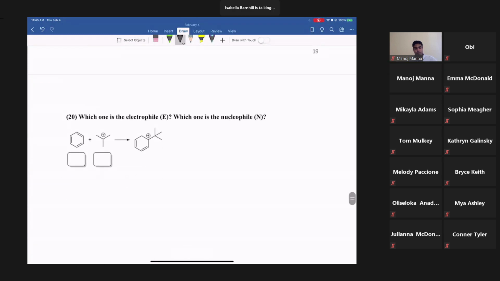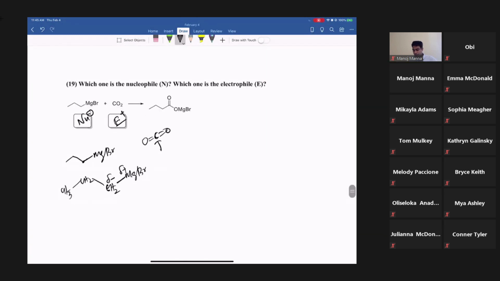I have a question. If carbon is in the middle, would it always be an electrophile, like in CO2? Is that how you know? Okay, so we know the electronegativity difference in carbon double bond O: carbon is 2.5, oxygen is 3.5.